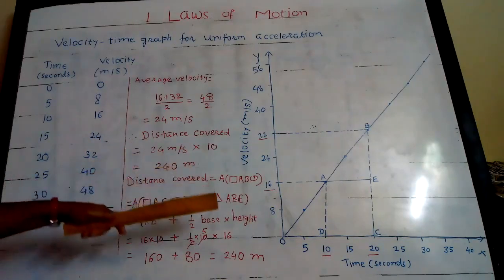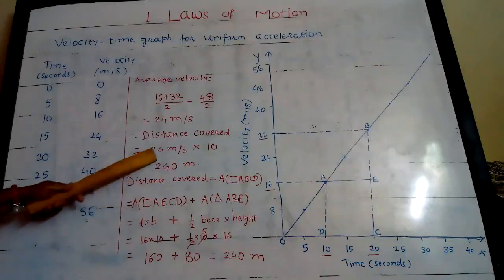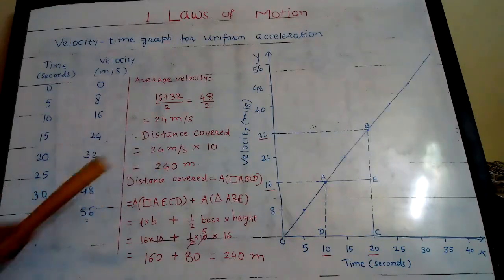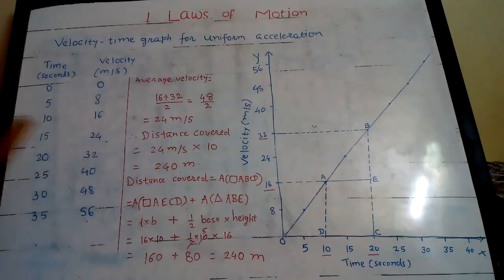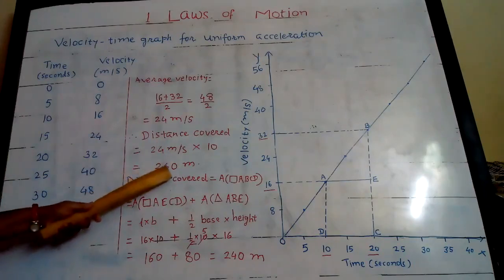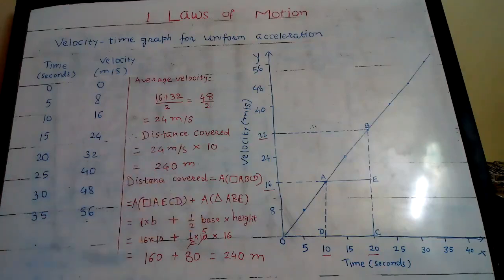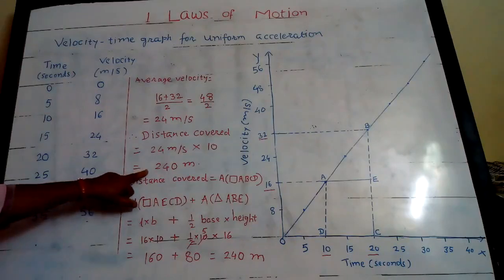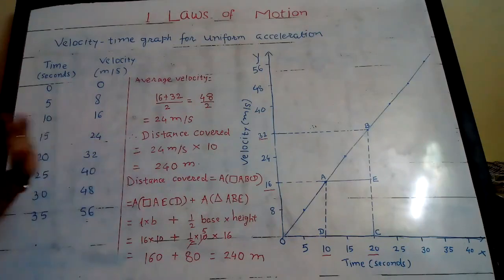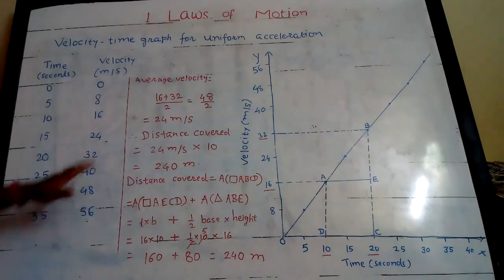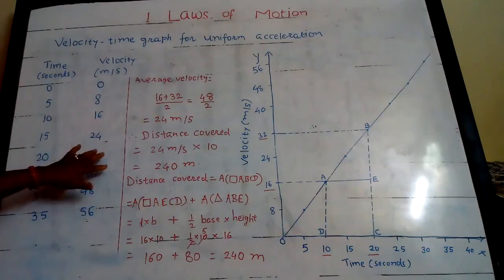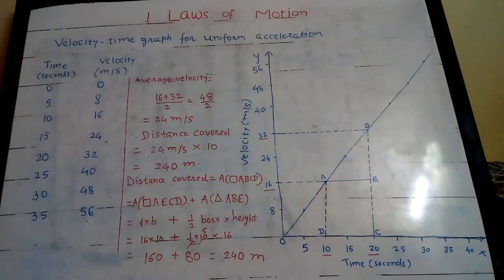Time taken is 10 seconds. 24 meters per second multiplied by 10 seconds gives 240 meters. The distance covered by the car between 10 and 20 seconds is 240 meters. This is one method to calculate the distance covered by the car.